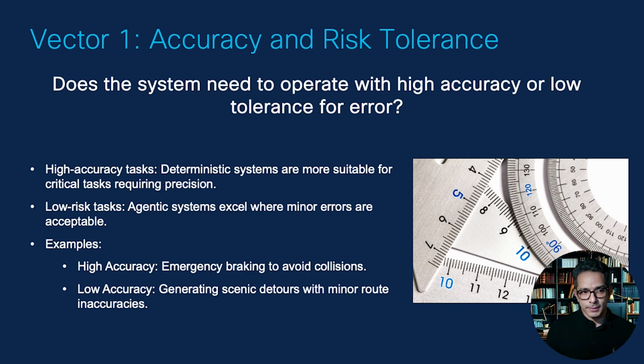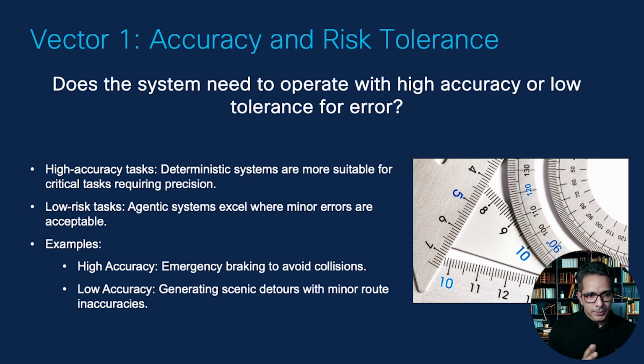And for low-risk tasks, agentic systems can excel where minor errors are acceptable. They thrive in creative, low-risk tasks such as generating route alternatives that prioritize scenic views, even if they involve slight inaccuracies. And for context, the examples that I'll be using in the vectors are from the self-driving car industry because it's generally related to driving, and I hope they will be easily understandable.